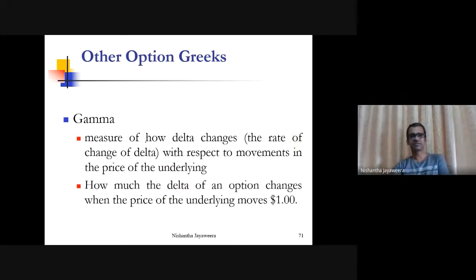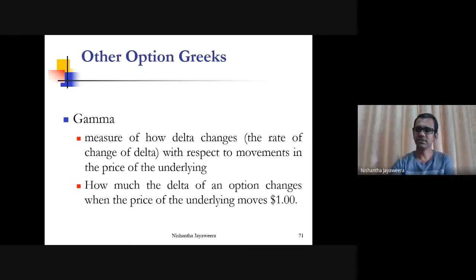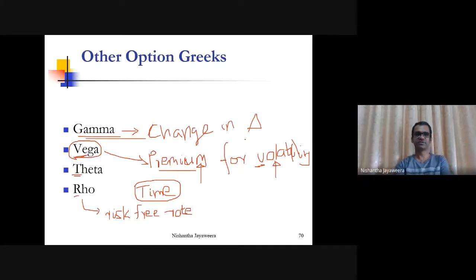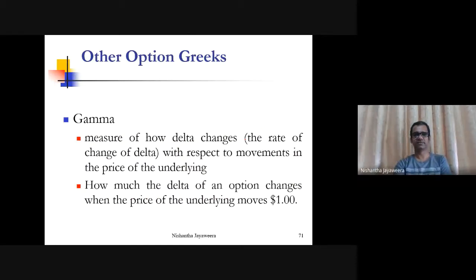So as I mentioned, gamma measures how delta changes with respect to movements of the price of the underlying.